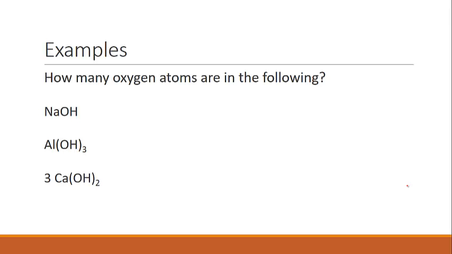In sodium hydroxide, the first compound here, NaOH, we have 1 oxygen. When there is no subscript after the element symbol, that means there's just 1. In our next substance, called aluminum hydroxide, we have a 3 on the outside of the parentheses.